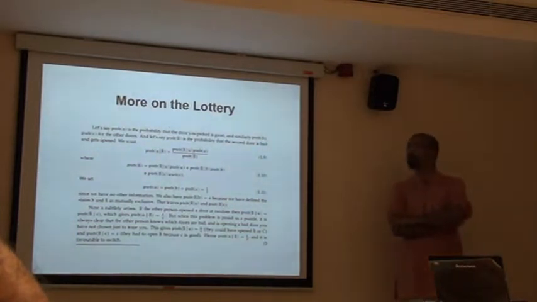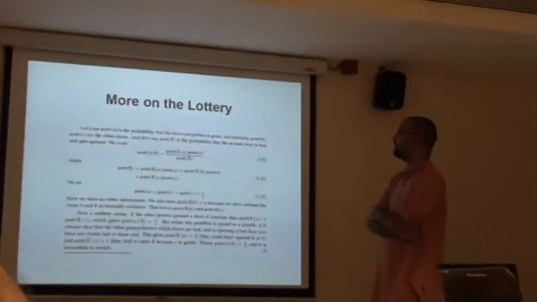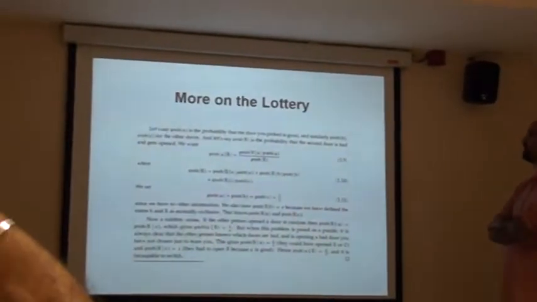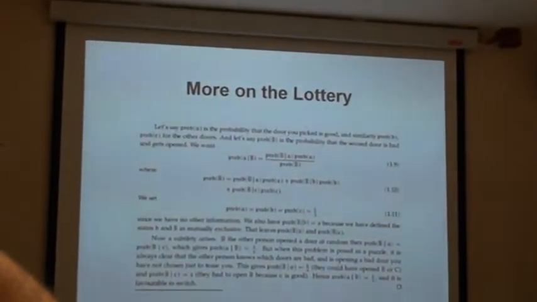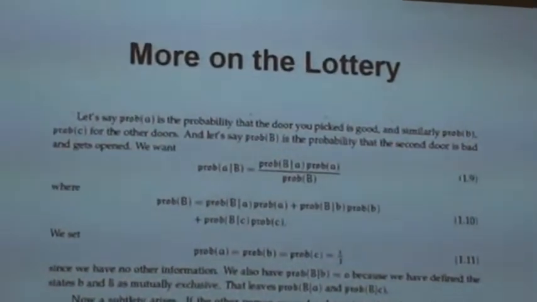What you know are the probabilities. So probability small a is the probability that the door you picked is good, and probability of b is the probability that if you pick the door B is good, and so on and so forth.